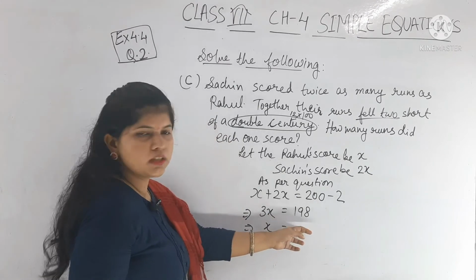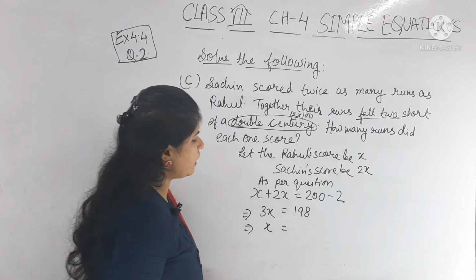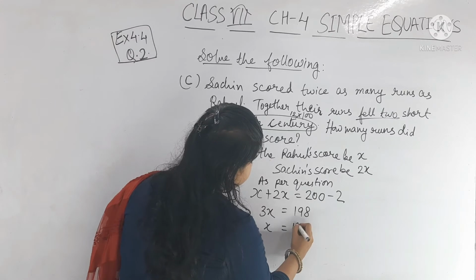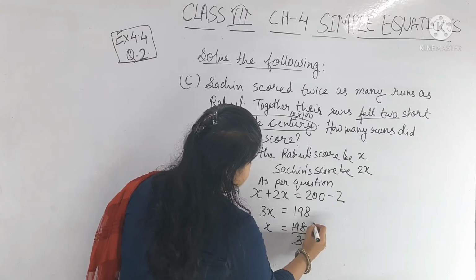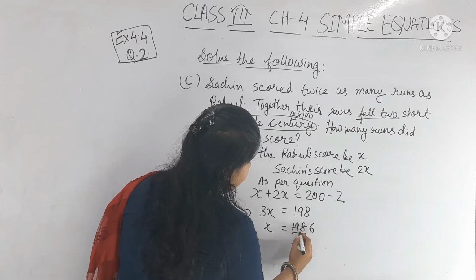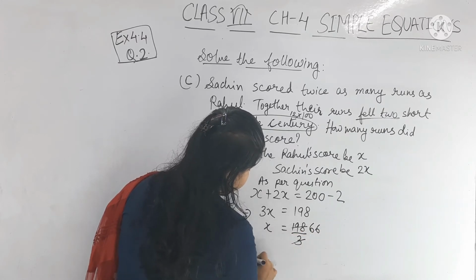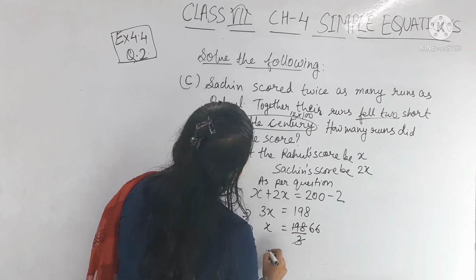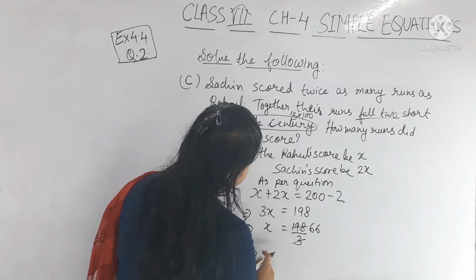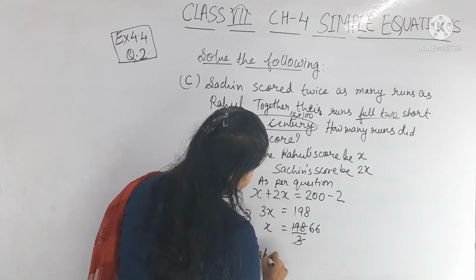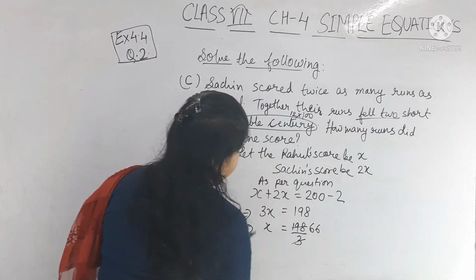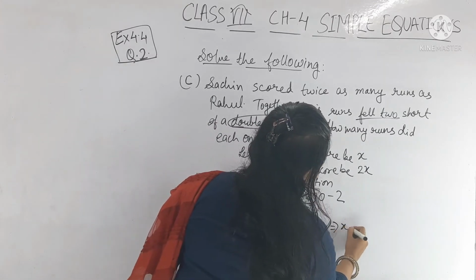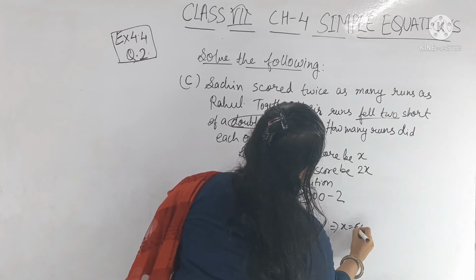You can sum the digits: 1 plus 9 is 10, 10 plus 8 is 18, so it can be divided. 3 6s are 18, 3 6s are 18. So I am getting each one's score, Rahul's score x equal to 66.